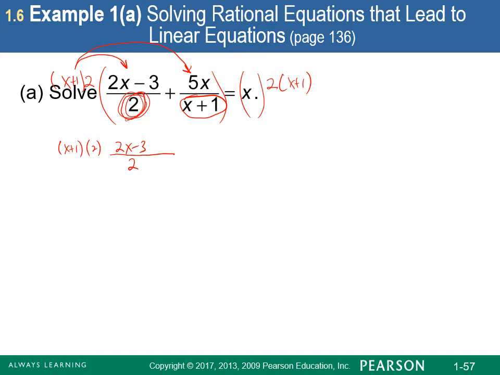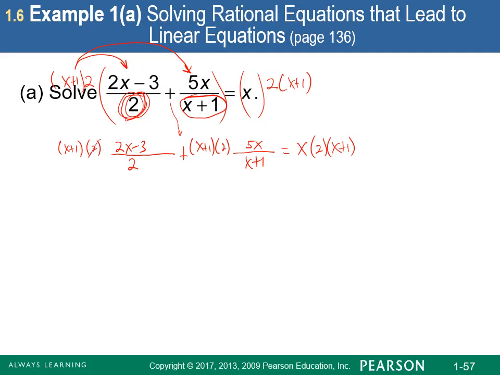Here we've got the x plus 1 times the 2 times the fraction 5x over (x plus 1). And we still have the same plus sign in between. On the right, we don't have any fractions, but what we do have is the x that was already there times the 2 times the (x plus 1).